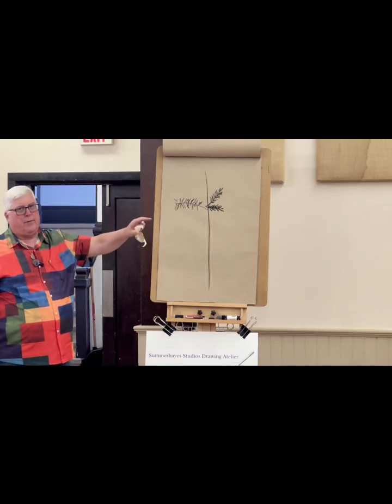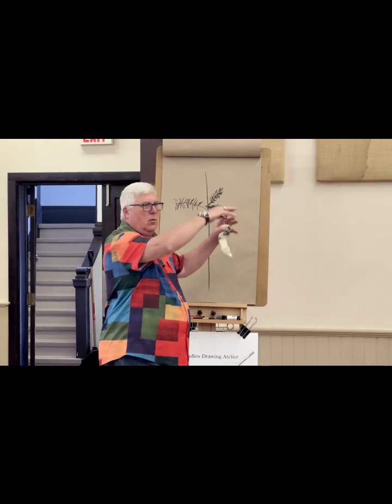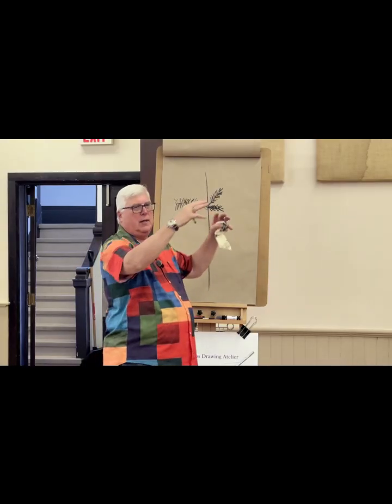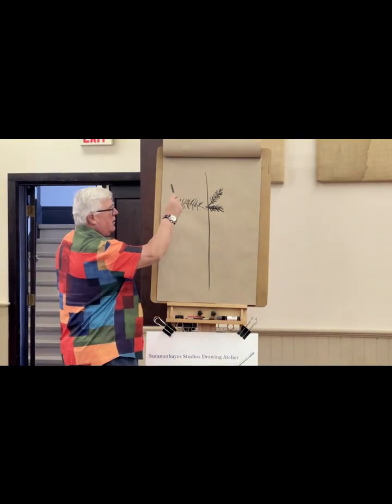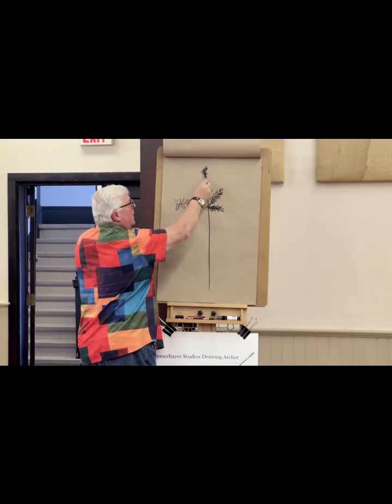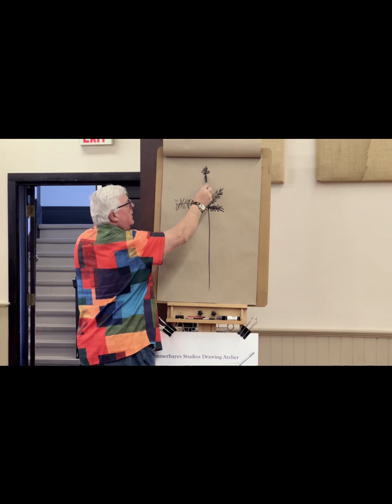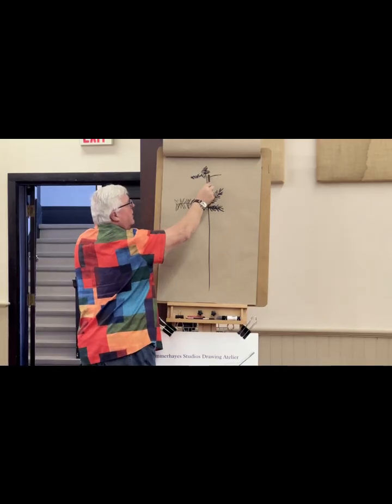If we look at our reference, we'll see that there are areas where the needles come out and kind of bounce on a line. So if I start at the very top of my tree, I'm going to put a branch with some lines on it like so, and then I'm going to have this branch coming out this way, and this one coming out this way.